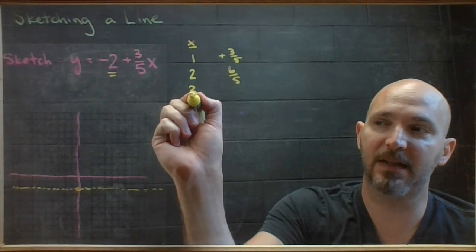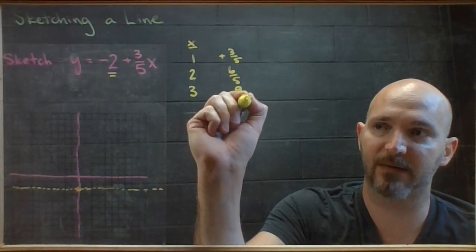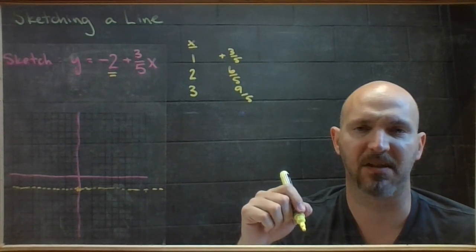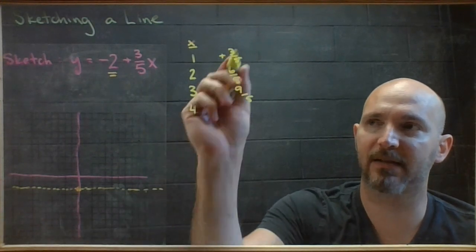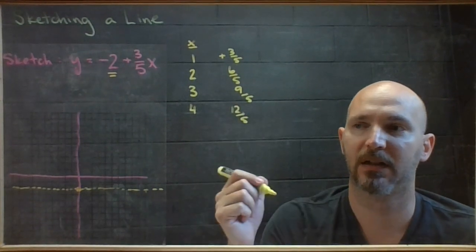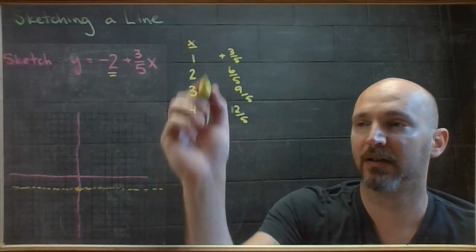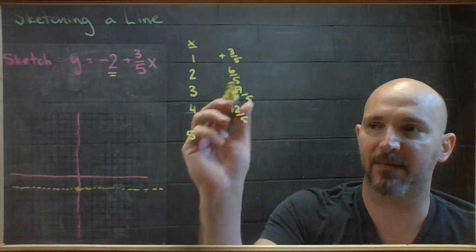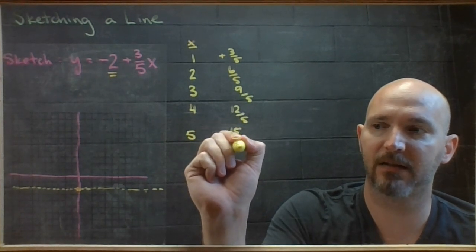If I take 3 steps, I need another 3/5. That means I'm at 9/5. Still don't know that. 4 steps in x, I need another 3/5. That's 12/5. That division still doesn't go evenly. But if I take 5 steps and take another 3/5 here, I'm at 15/5.